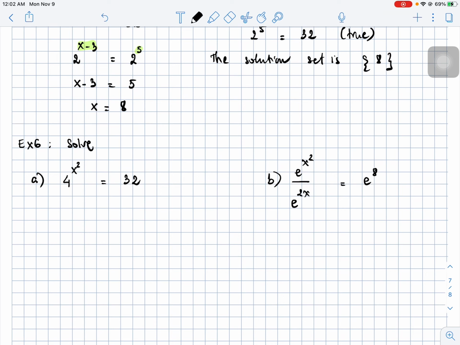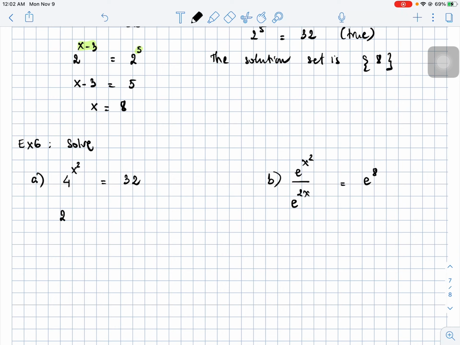In example number 6, we will copy the same style as example number 5. We need to make the same base for both sides. In part A, for 32, we cannot write 4 to the power of something. So we have to move the 4 a little bit down.